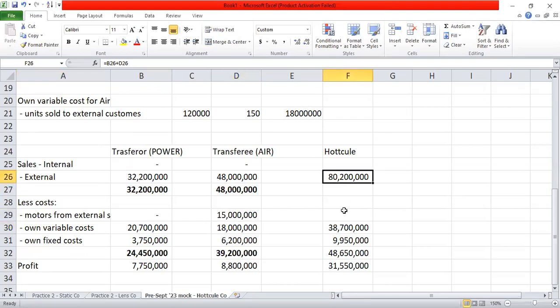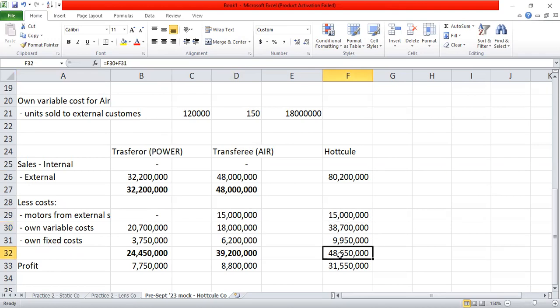Now this 15,000 becomes cost of the group. So when you buy from outside, all that money you pay to the external supplier becomes a cost to the company. But when you buy within, the money you spend is not a cost to the company because you're only paying another person within. That's the logic.